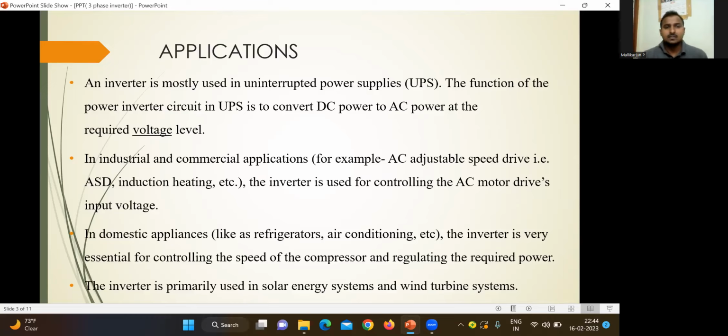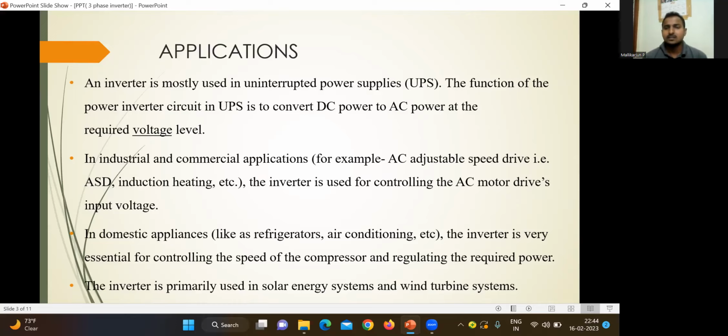Next, industrial and commercial applications. For example, AC adjustable speed drives and induction heating. The inverter is used for controlling the AC motor drive input. We know already that a drive is one of the main important terms in power electronics, like drives, motors or generators, AC or DC.